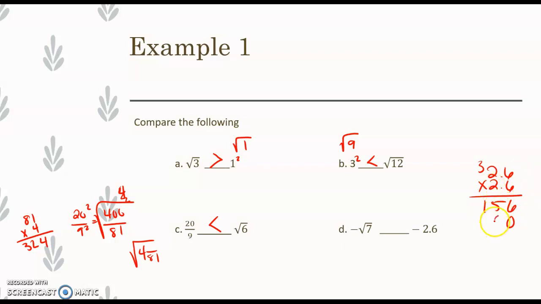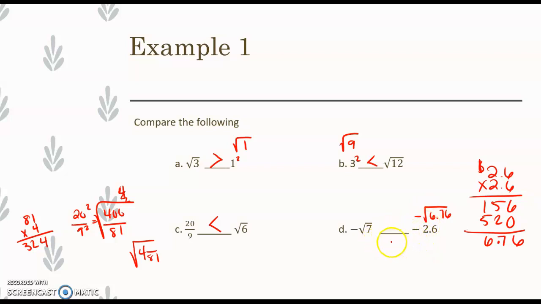Placeholder, 2 times 6 is 12, 2 times 2 plus 1 is 5. We have 2 decimals, so we're working with a negative square root of 6.76, which is what we get when we square 2.6.